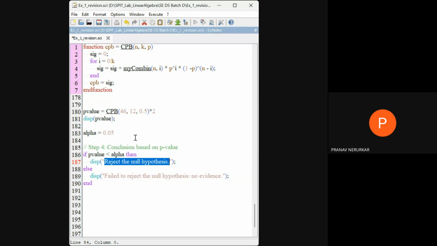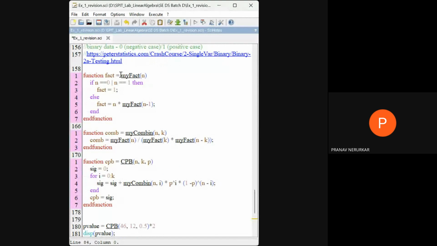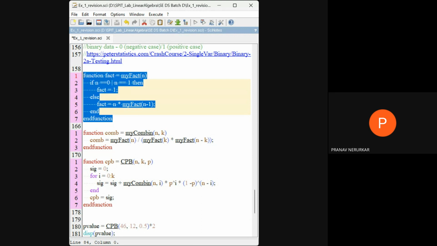These are the advantages of Scilab. The help of functions. I could have written the entire thing in one function, but I chose to divide my code into small parts, and it makes the code more readable, number one.